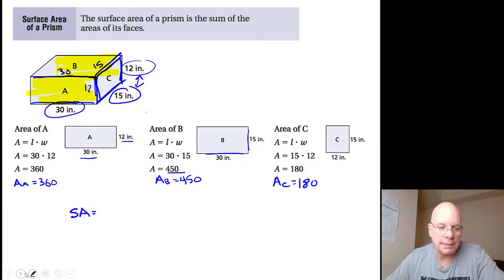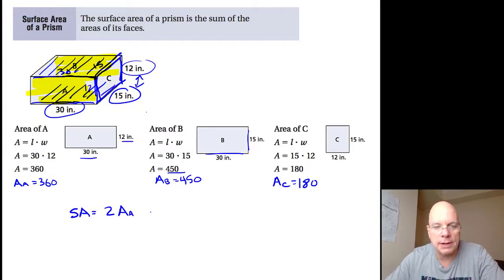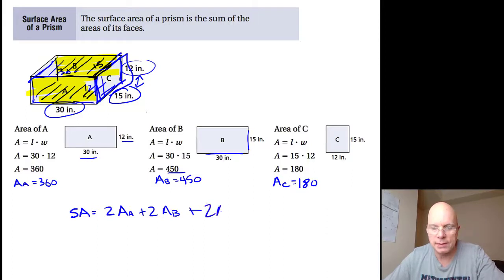So when I'm writing my formula, I know that there are two faces like area A. I also know that B, which is this top face, there's a congruent face down here, so there's two of area B. And this side face, C, there's another side face over here that's congruent, so two area C.